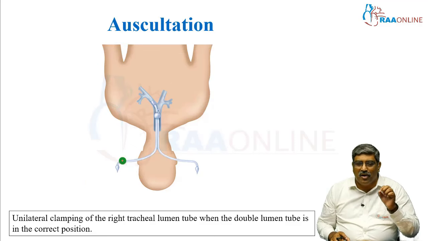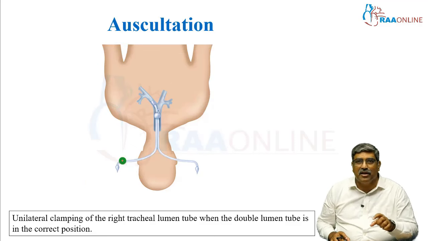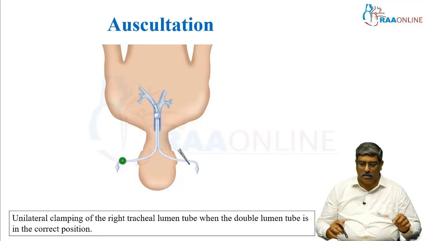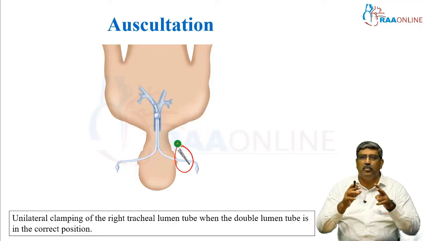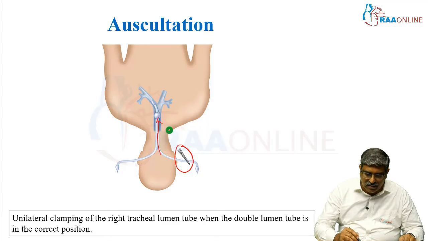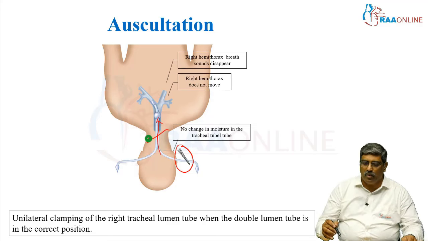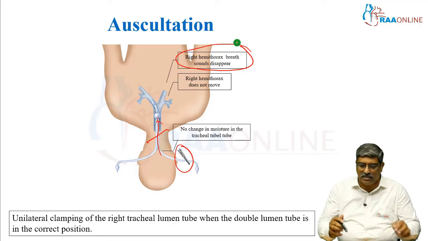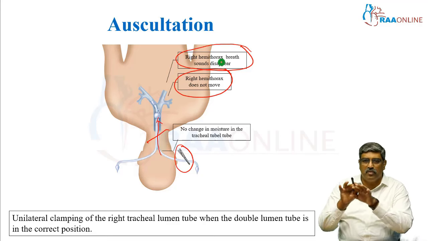Now coming to clamping of the tracheal lumen, you are blocking the right tracheal lumen. The tracheal lumen is blocked, so the air entry to the trachea is prevented. Now, there is no sound on the right thorax. The right chest cavity doesn't move.